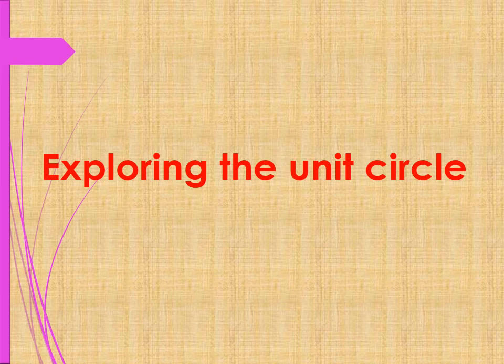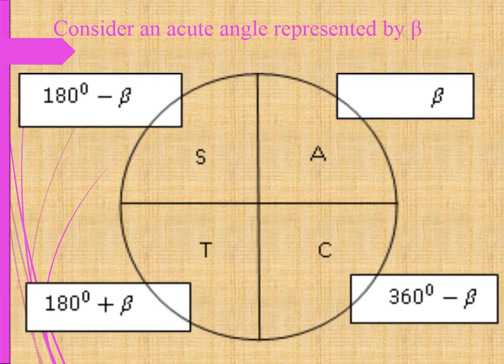Then we are going to explore the unit circle. We are going to consider an acute angle represented by beta. In the first quadrant, we are going to take beta, and this is an angle between 0 and 90 degrees.